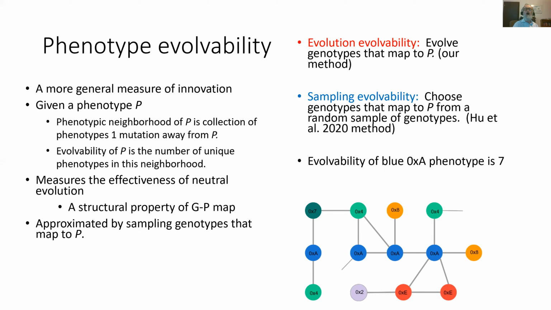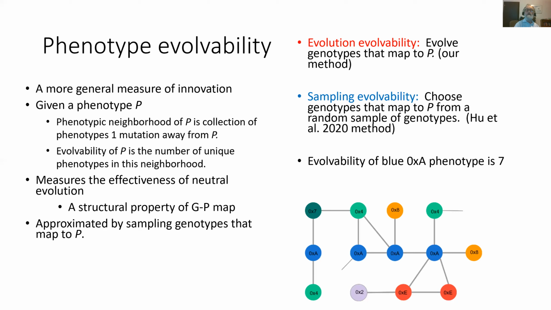One is to evolve circuits that map to the given phenotype. The other is just to take a very large sample of genotypes and then only use those that map to the given phenotype. And that second technique is based on a paper by Hu et al. in 2020.